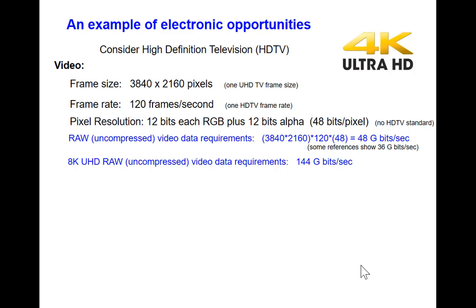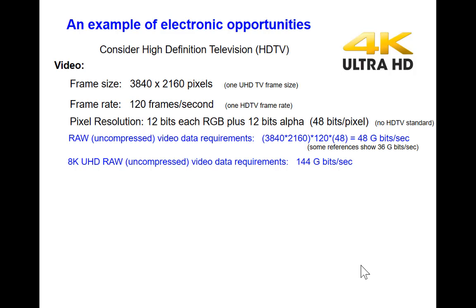The frame size of the 4K UHDs is 3840 by 2160 pixels. That's one frame. The frame rate is 120 frames per second. The pixel resolution, I'm not sure I've got this right. There's 12 bits each for RGB, and I'm not sure what the resolution is on alpha. So I think there's about 48 bits per pixel.